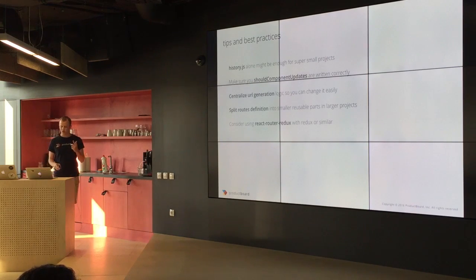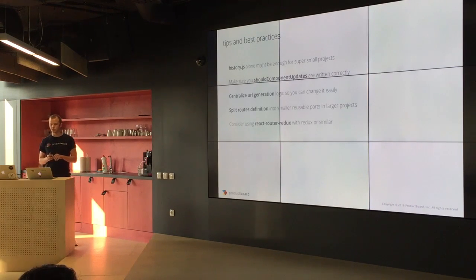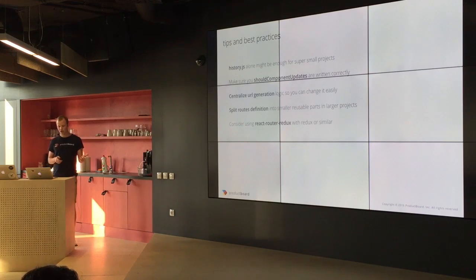And what's great to do is to centralize the logic that generates the URL for different parts of your app, because if you change the logic in the future, you won't have to go through your whole app and rewrite everything. You can split the routes definition into smaller reusable parts.